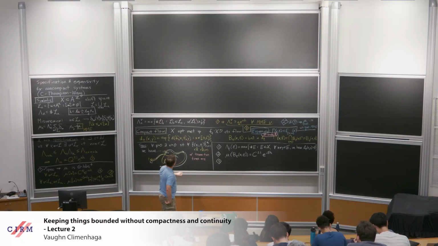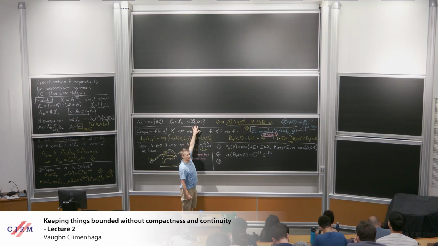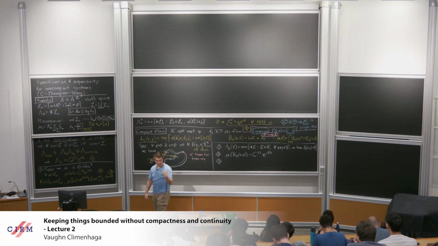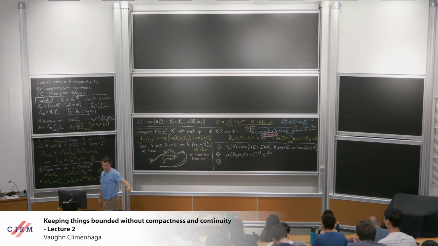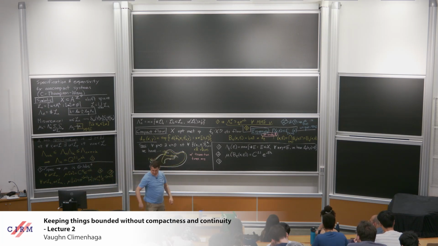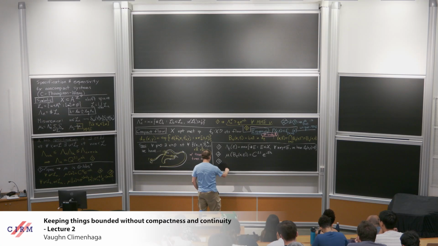So number 3 was this statement that for every collection of words whose cylinders have uniformly positive weight with respect to some MME, there's a uniform lower counting bound. And if I want this in the non-symbolic setting, now I need to do something non-obvious. I need to work with adapted partitions.